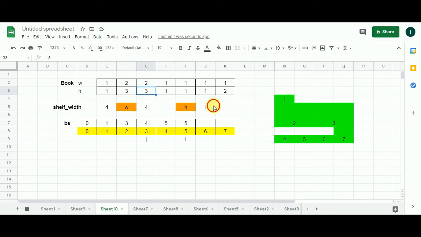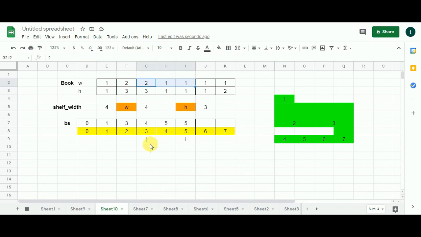That means if I have to put these 3 books together, I'll have to construct a shelf of height 3. This 3, when added to this 3, is going to give me 6. Now 6 is greater than 5. Hence, we are not going to consider this arrangement. That means we are not going to consider putting book number 3, book number 4, book number 5 together.